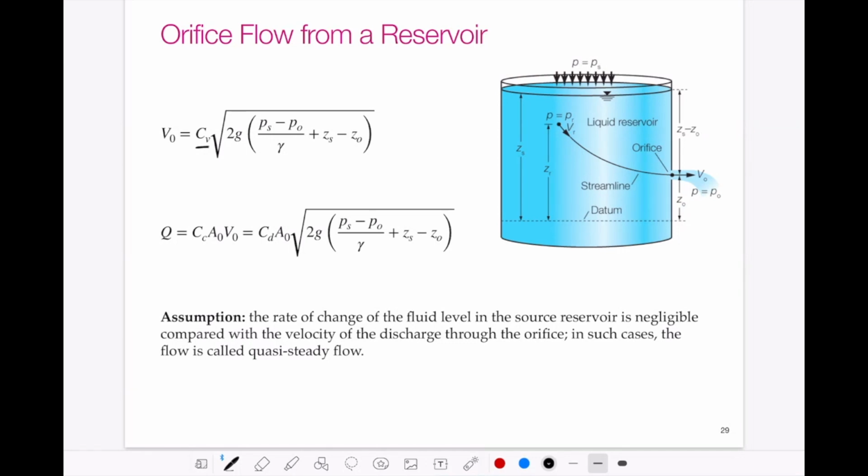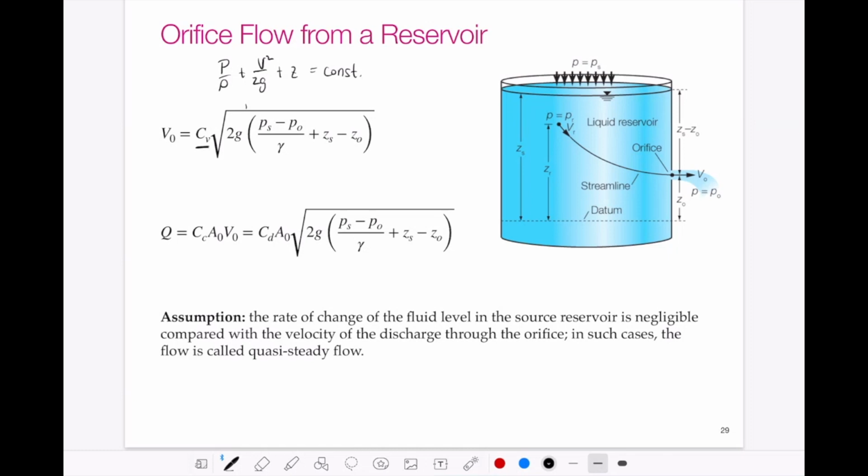To answer where the square root comes from, if we think of Bernoulli's equation, remember Bernoulli's equation from before, P over rho g plus V squared over 2g plus Z is equal to a constant. So all we're doing here is looking at this streamline.